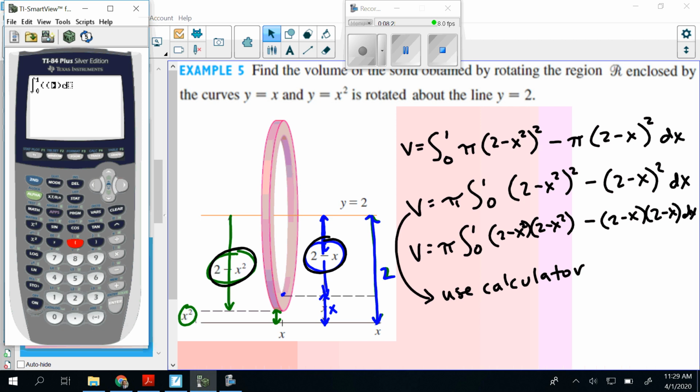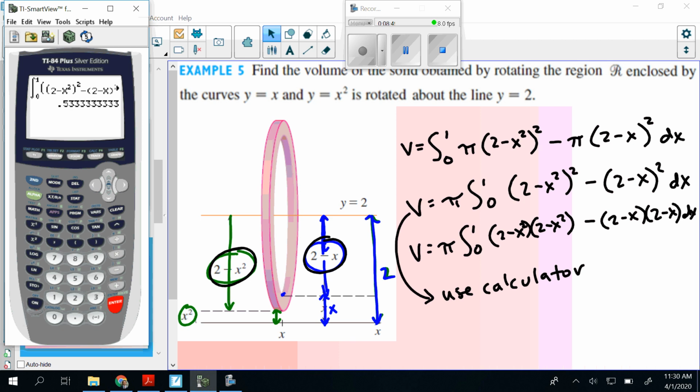So now let's go parentheses 2 minus x squared. And then close the parentheses, and we want that amount squared minus. And we'll do our other radius here of 2 minus x. Close that parentheses, also squared. And then finally, make sure we get our dx in here. Hit enter.